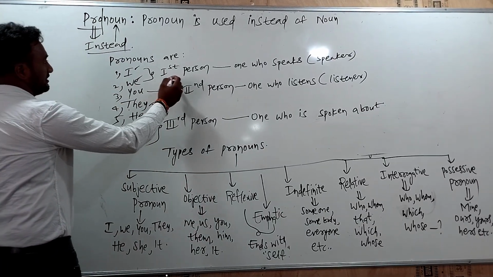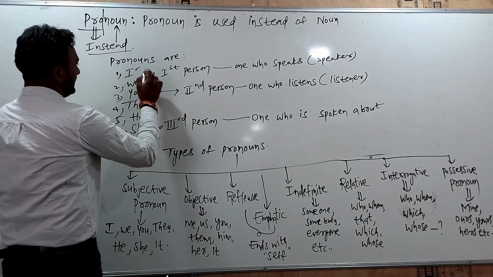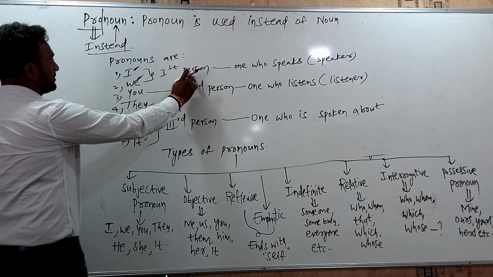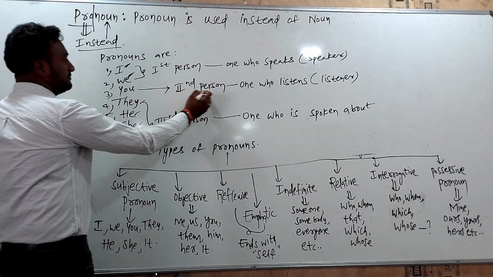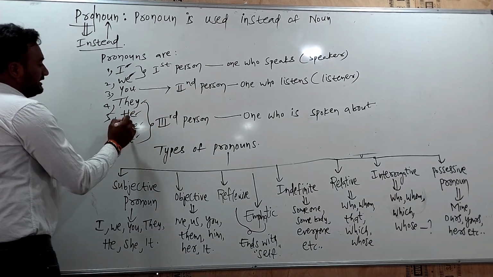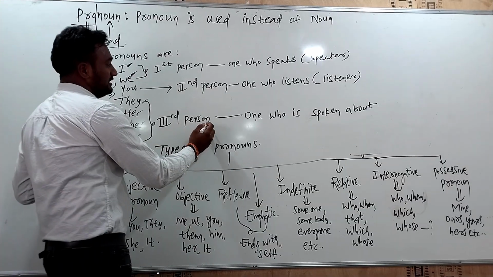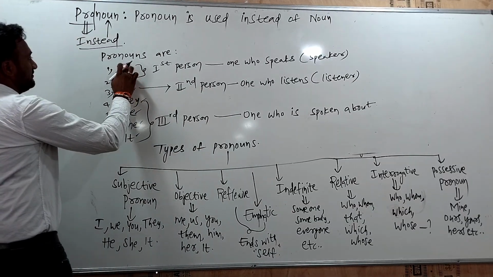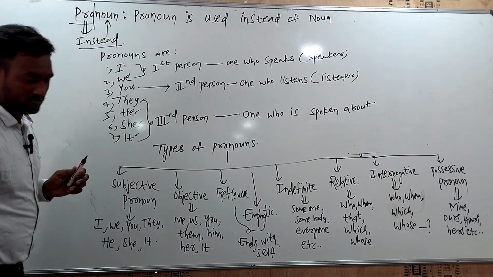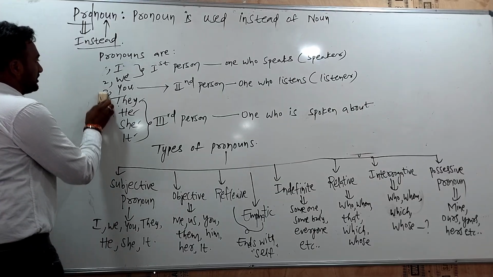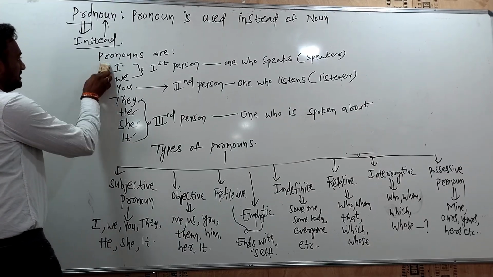I and we are first person pronouns, you is the second person pronoun, and he, she, it, they are third person pronouns. In the same way, a student must know which of these pronouns are plural and which are singular.